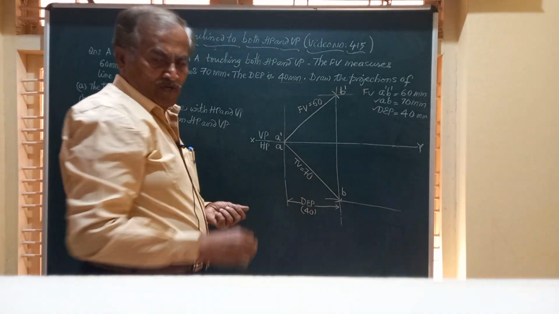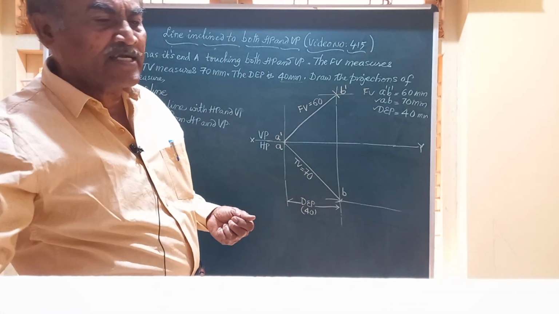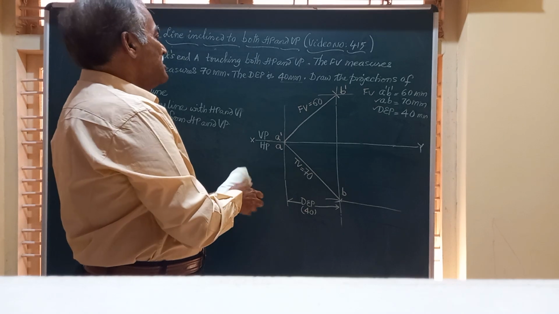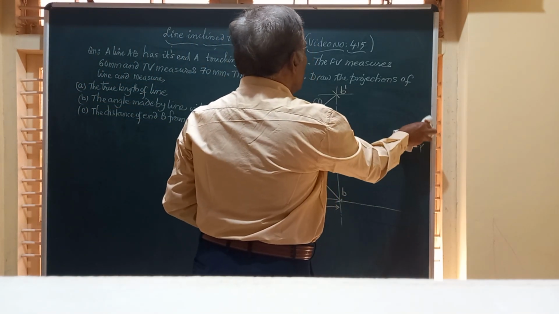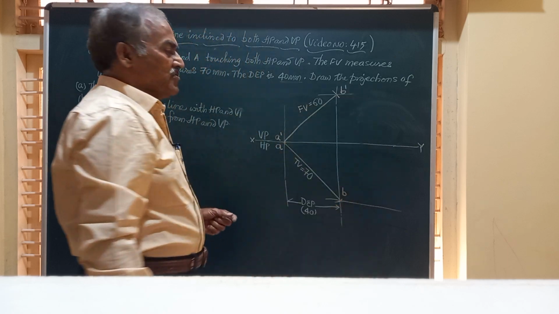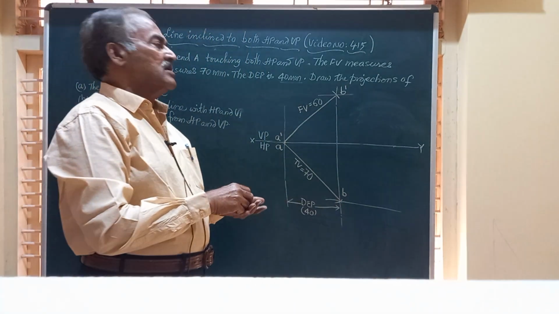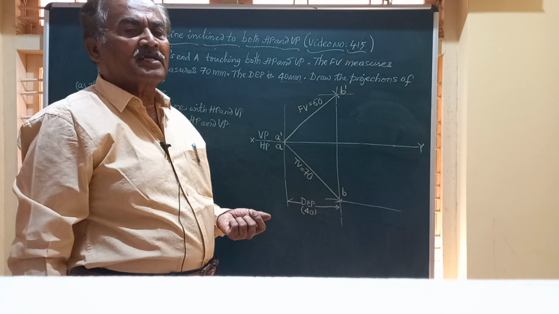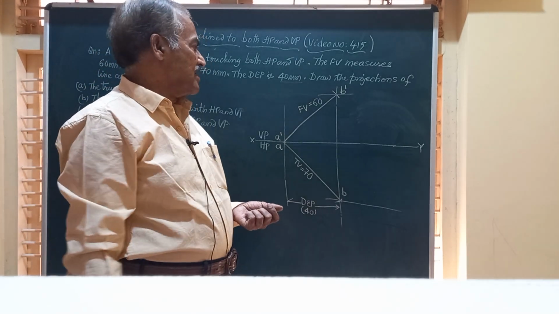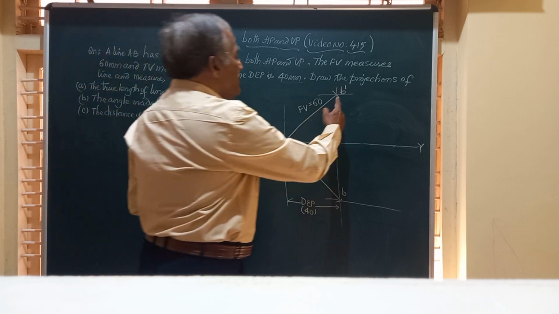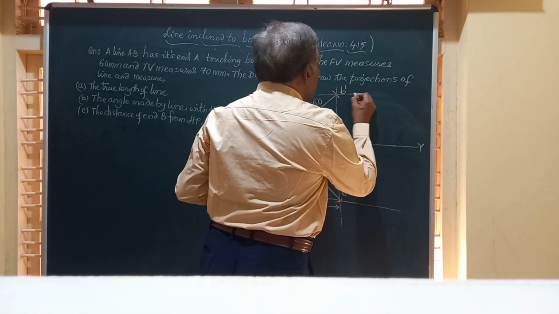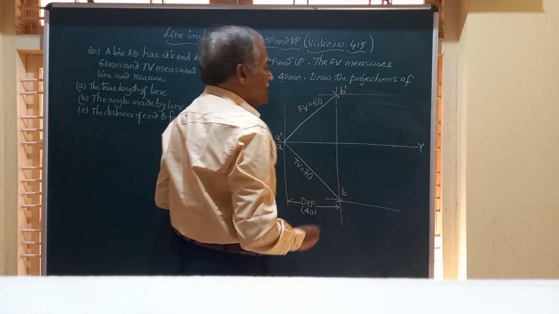So friends, you have utilized all the data or the information given in the question, and using this figure we should be able to obtain the true length of the line, its inclination, etc. Friends, now we have this B dash, and this is the locus of B also.